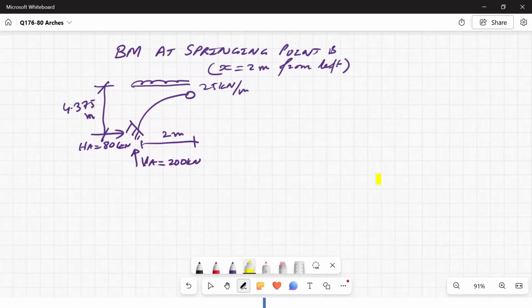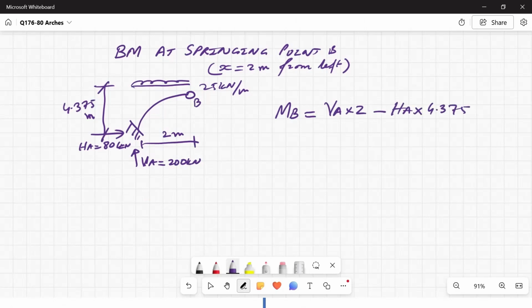And so summation of moment at B, this is B. So moment at the springing point B is equal to VA times 2, that is clockwise, minus HA times 4.375, this is the distance, and minus this UDL. UDL is 25. It is spread on 2 meters, and it is acting at half of 2, so 2 divided by 2 will be equal to 1.